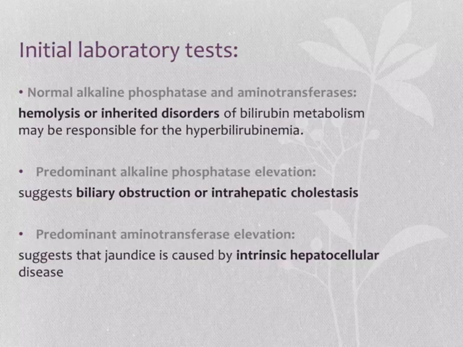The ratio of AST to ALT can also point towards the etiology of the liver disease. If the AST to ALT ratio is high, it usually means alcoholic cirrhosis. We also request tests for pancreatic dysfunction, amylase and lipase.